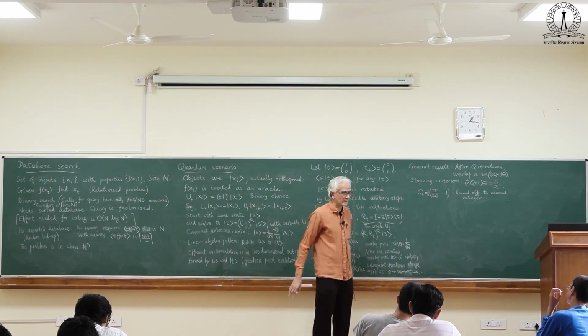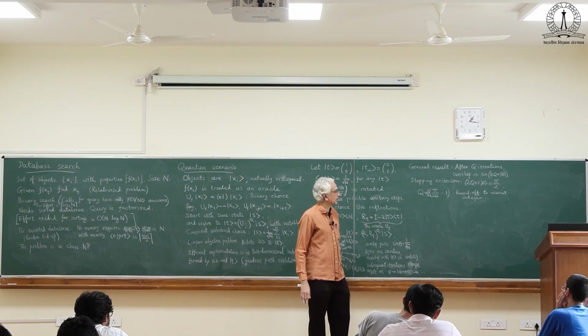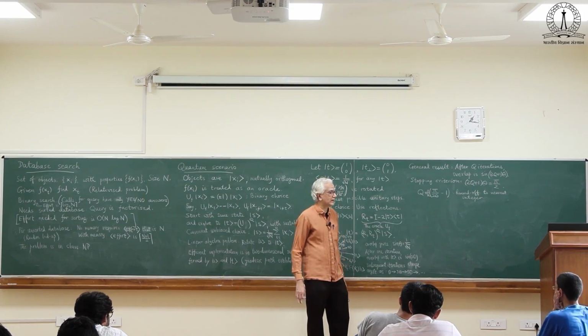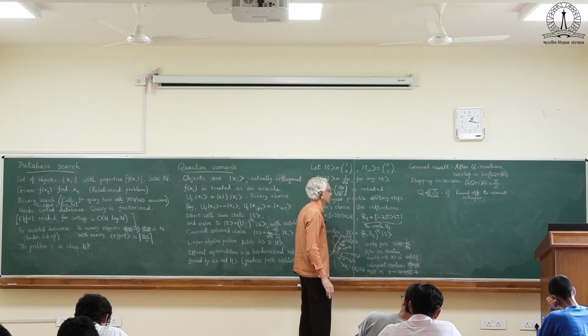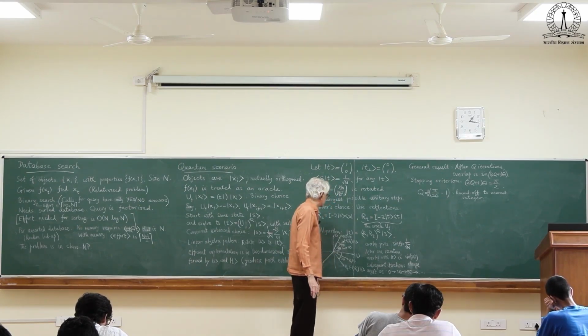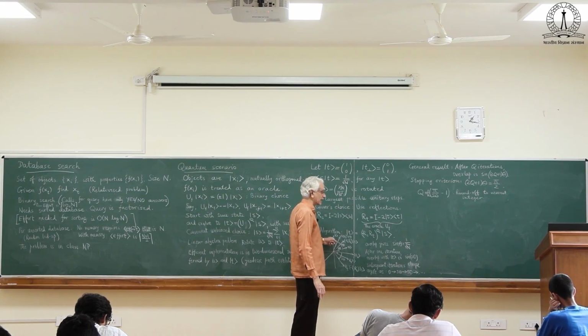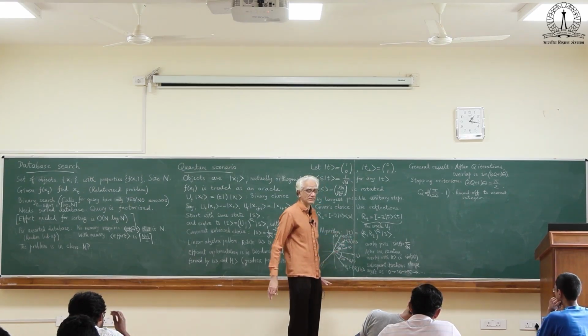Whatever it is, you will round it off to get some approximation. That means that the algorithm may not give you exactly t, but it might give you something close enough.